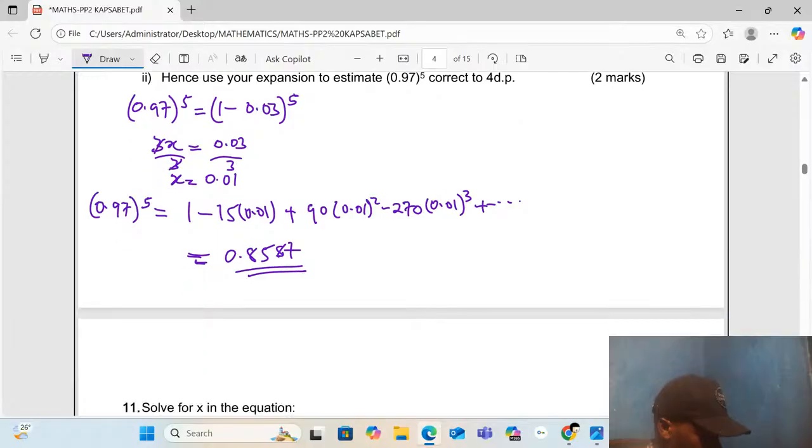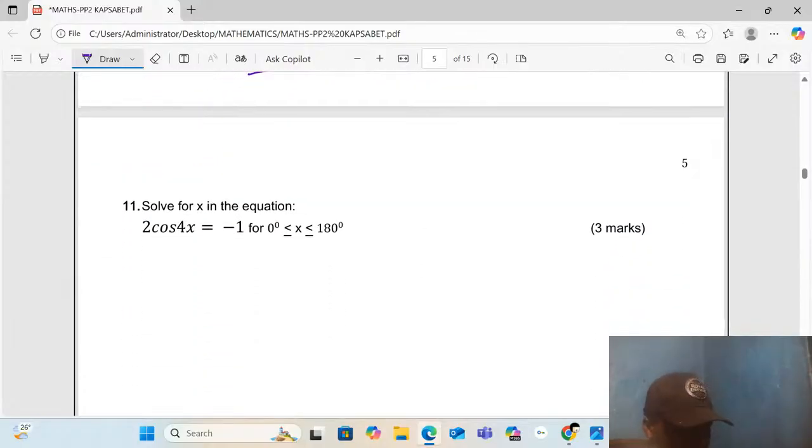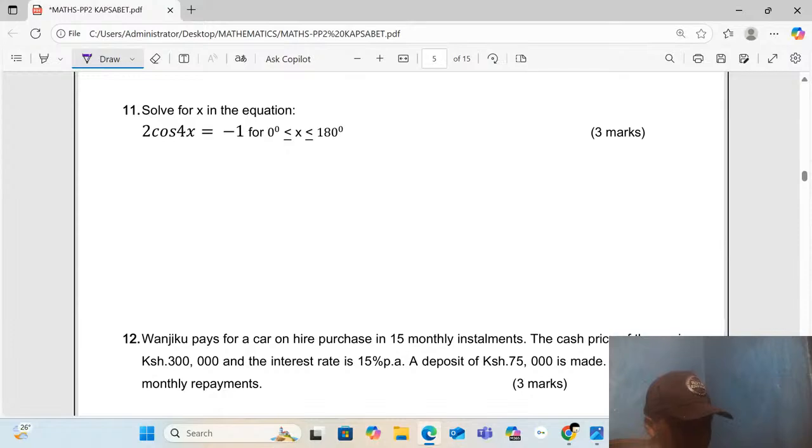Then we move to the next question, that is on trigonometry. Solve for x in the equation: 2 cos 4x is equal to -1, for 0 degrees less than or equal to x, which is less than or equal to 108.